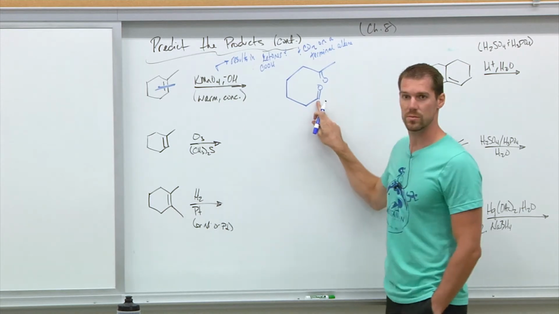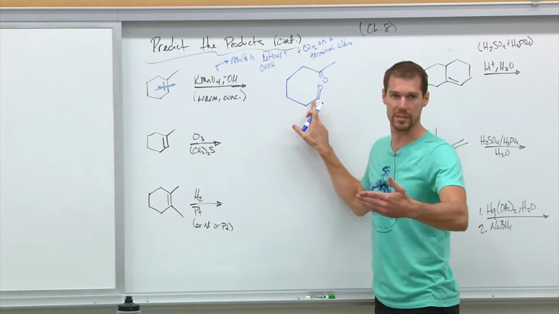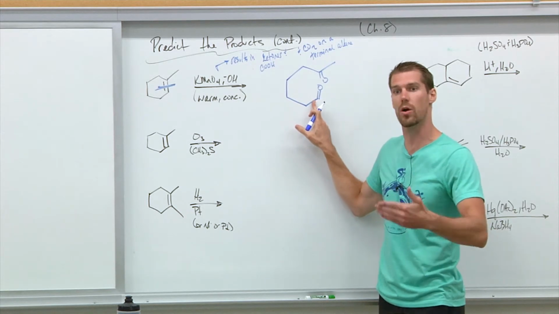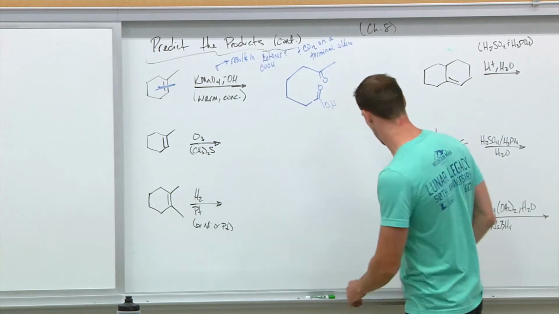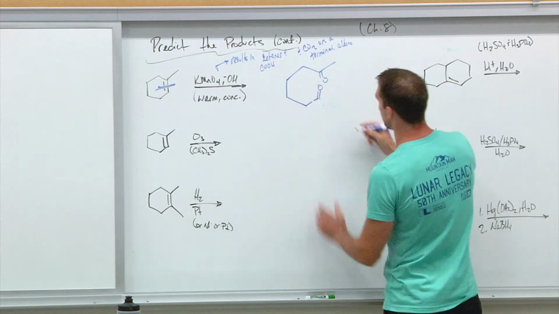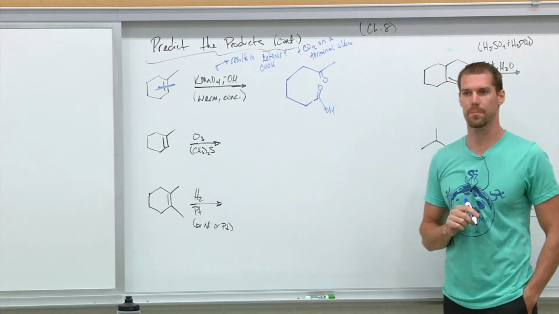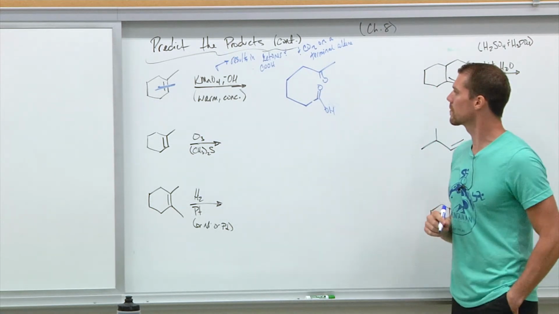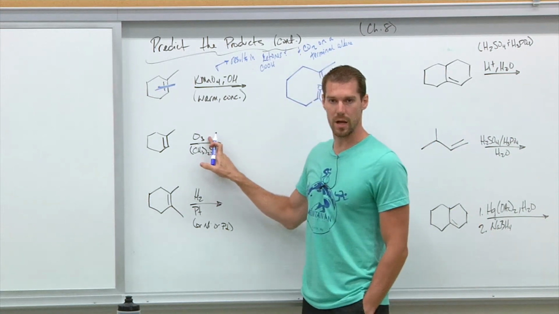So this would be an aldehyde, but it gets further oxidized because potassium permanganate is such a strong oxidant that we end up with, well, that was really poorly drawn, this guy right here, okay? Now again, this is ozonolysis.